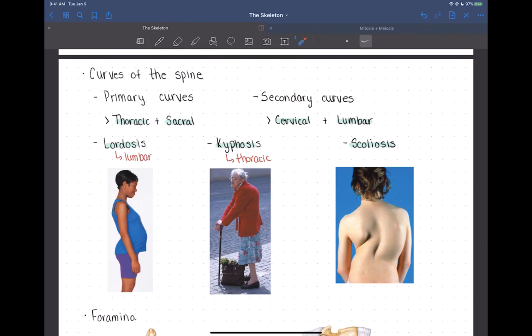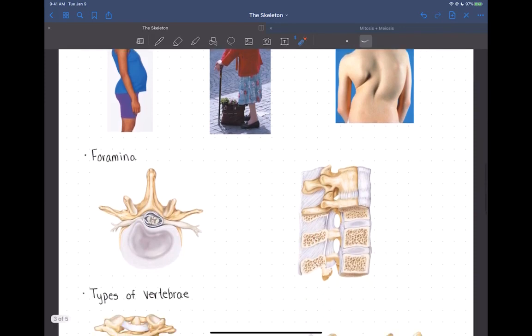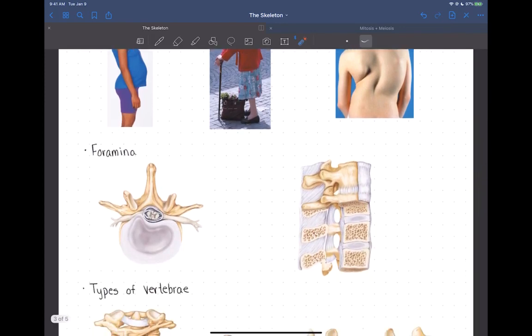Okay, so now let's talk about the shape of each vertebrae and how they fit together with each other. With the vertebrae, as we mentioned before, the word for a hole in a bone is a foramen. The plural of that is foramina. So we're going to talk about the foramina associated with the vertebrae.